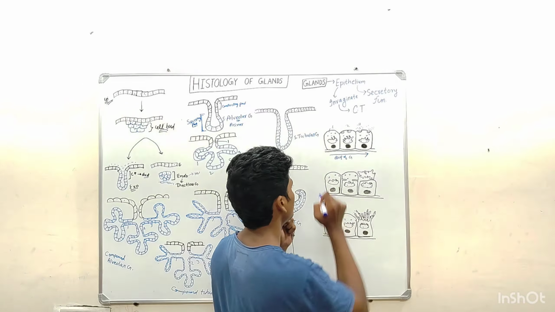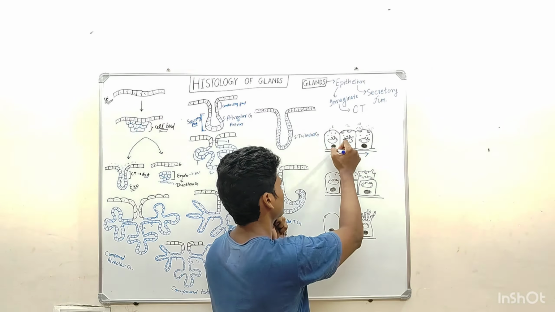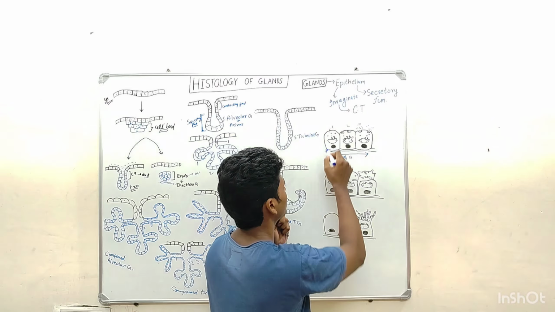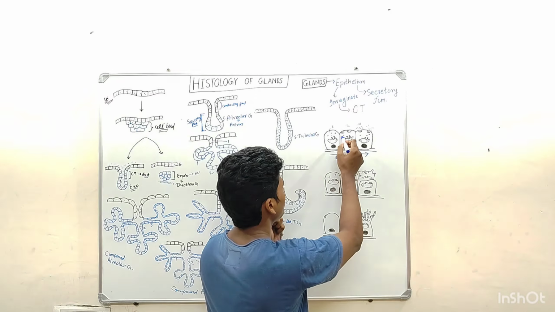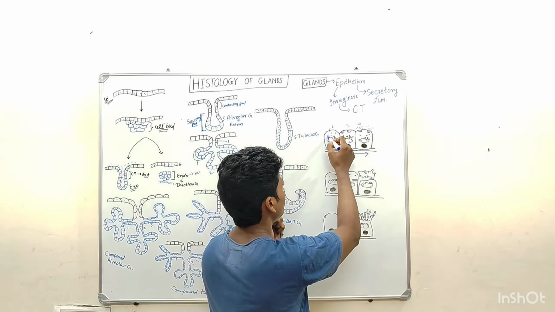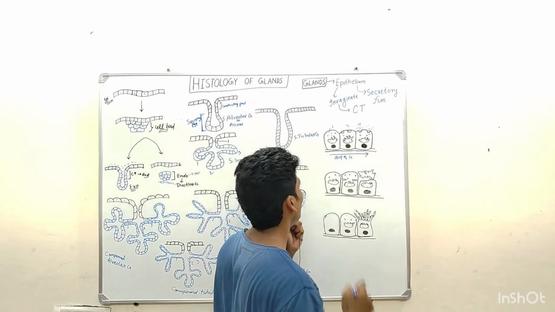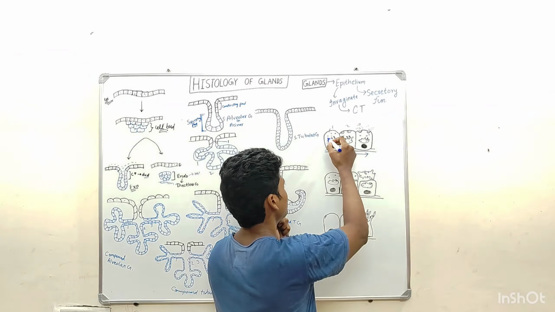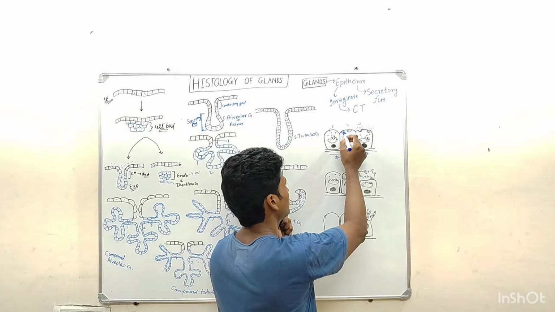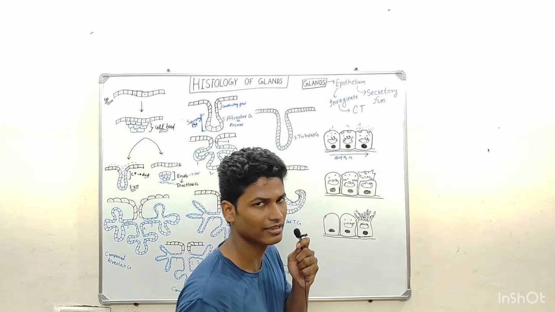In phase 1 you can see this is the cell, the nucleus, the Golgi body, and you see that some material starts forming in the cell, and after some time this material gets surrounded with a vesicle.